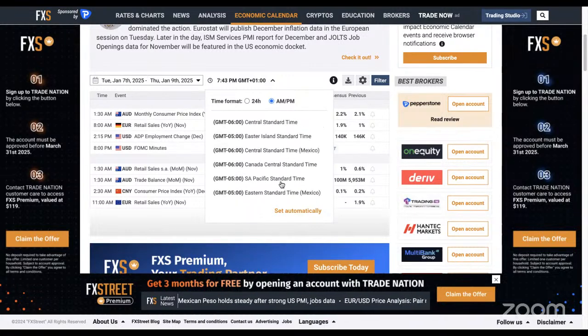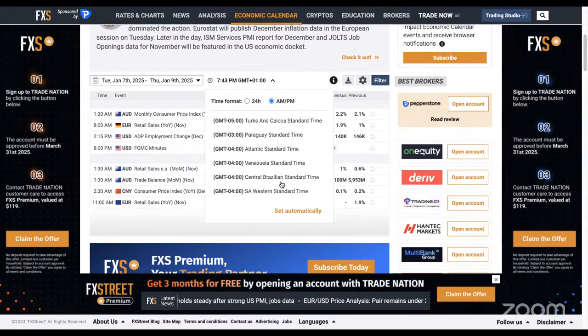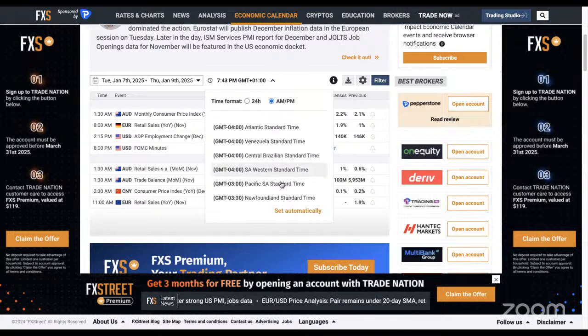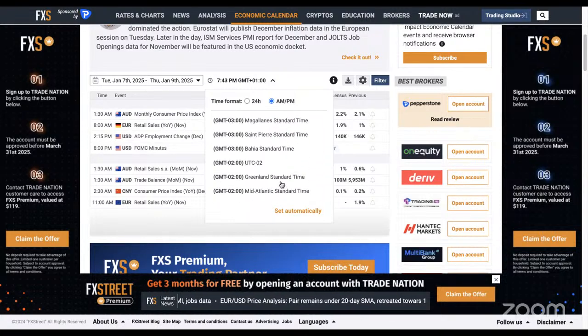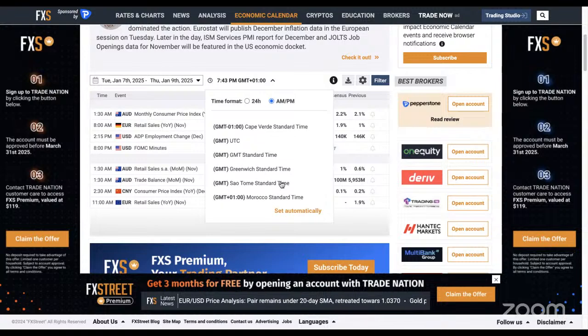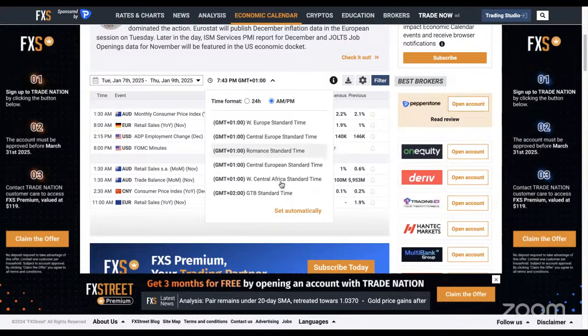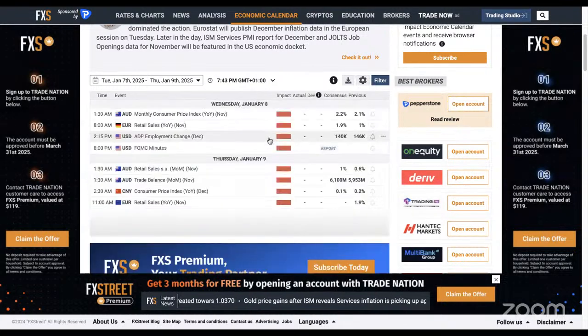Let me see if I can just find West Brazilian, Cape Verde, Central Europe, West GMT +1, Central Africa. So we have 8 a.m. tomorrow for euros. We have 2:15 for USD. We have 8 p.m. for USD all tomorrow.